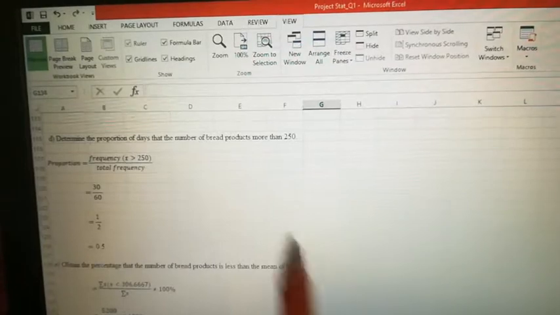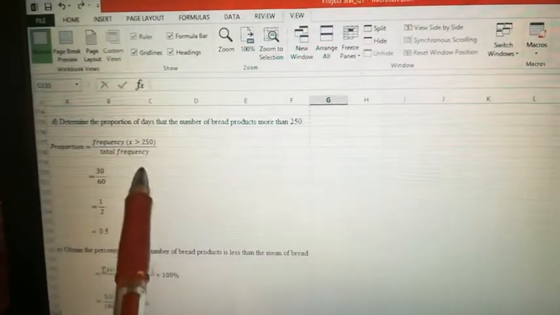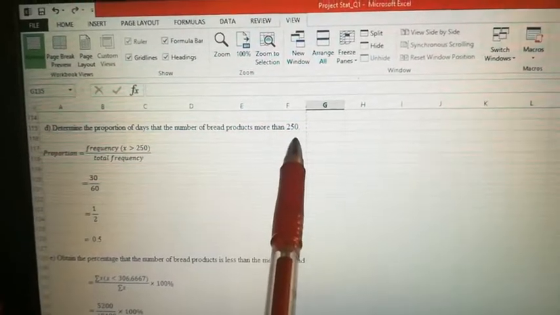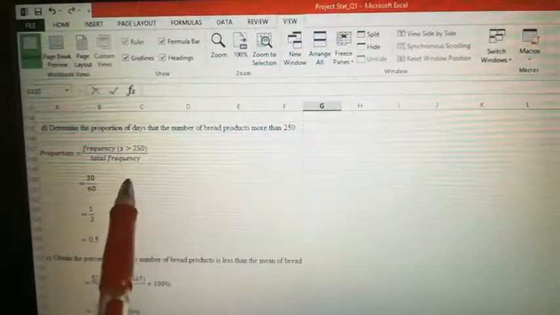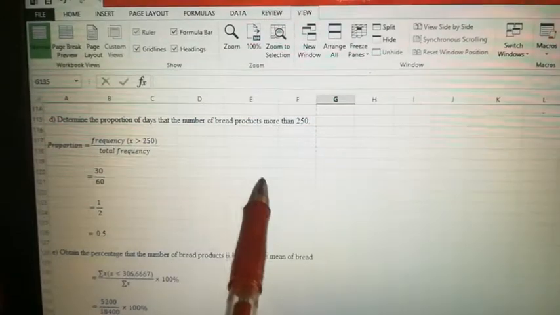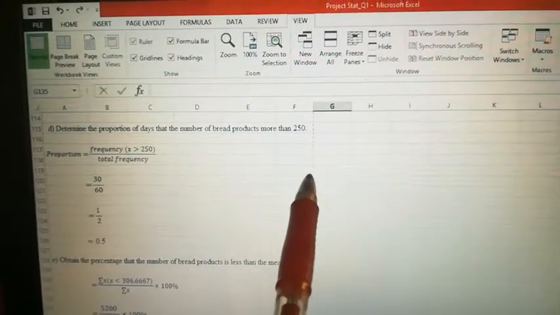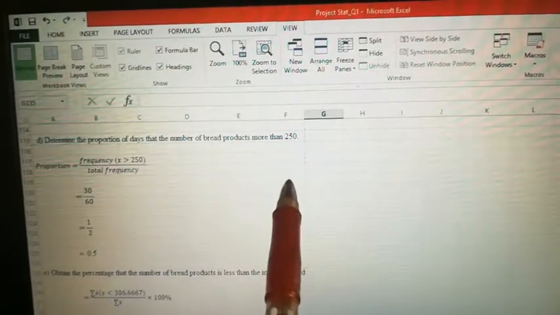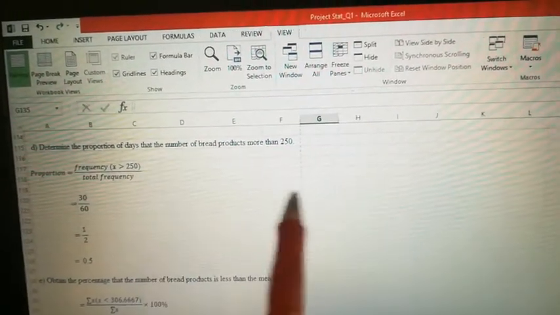For question D, determine the proportion of days that the number of bread product is more than 250. That means we need to find the proportion of days of the number of bread product more than 250. If the bread product is below 250, we don't count it.